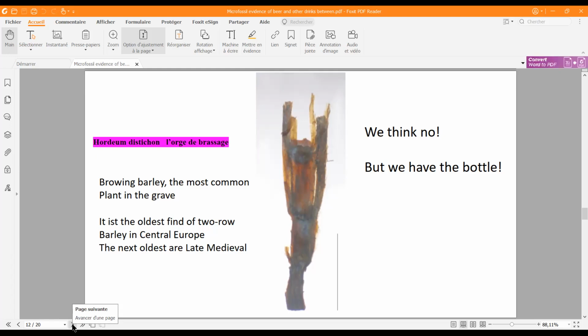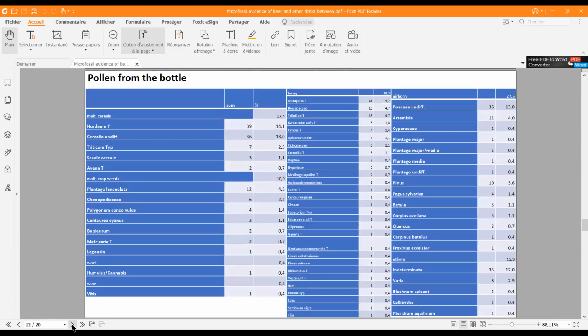But when you have naked barley, all grains are straight. But when you have no stocks, it's very difficult. Only when you have very well wet preservation conditions, you can identify it, as was the case here. Now, but it's no proof for beer production. Next, please. But we have the bottle.